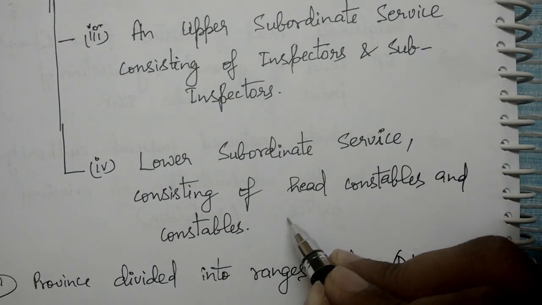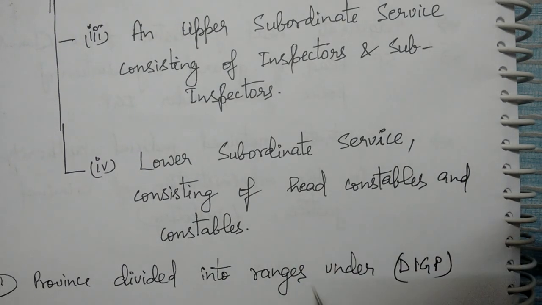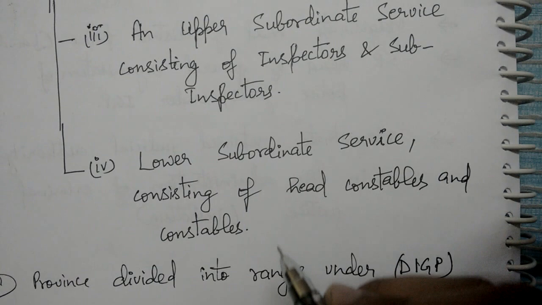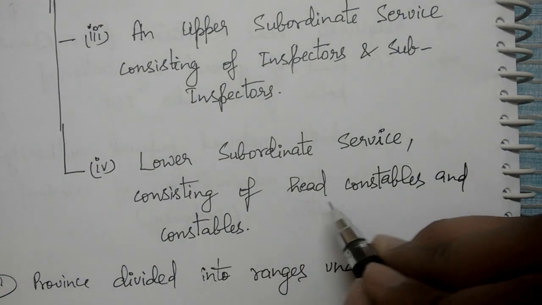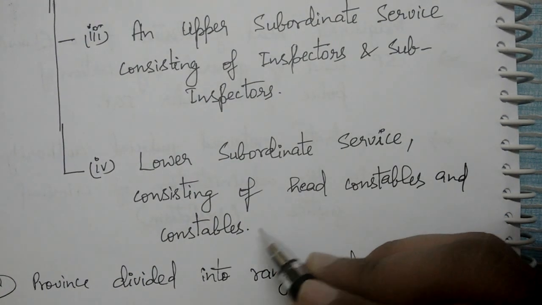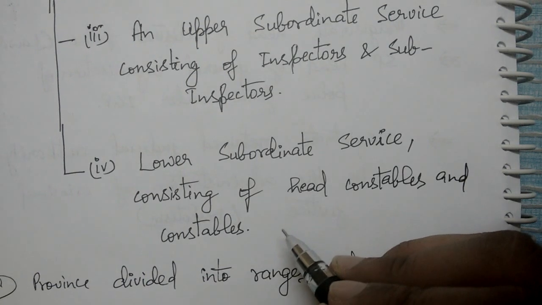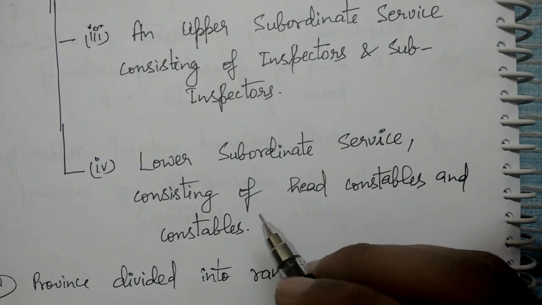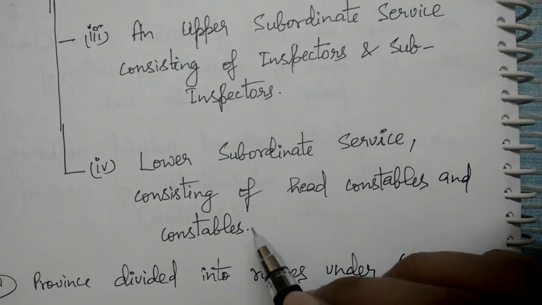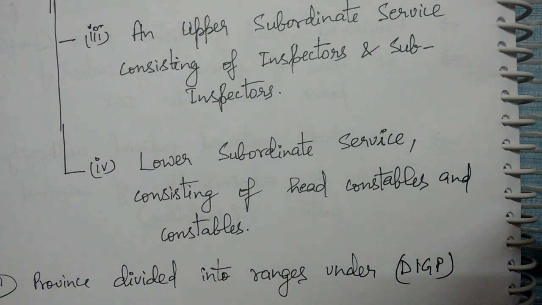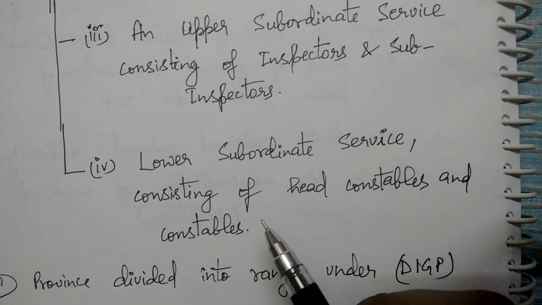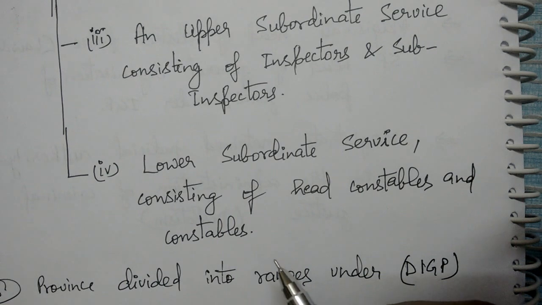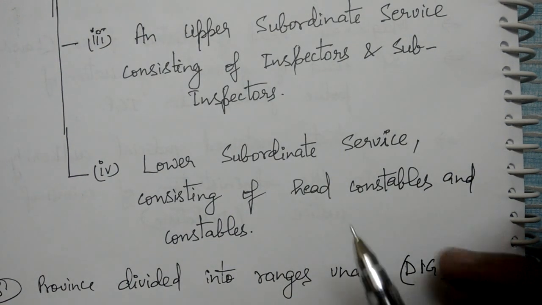And right now 94% of our police force, that is the Indian police force, consists of only constables and head constables. These are the people who do a lot of work, but they are the most ill paid and the most corrupt, and they have the least training because they are just selected on the basis of कितना दूर आप दौड़ लेते हो, कितना इंच का आपका सीना है, and like that.